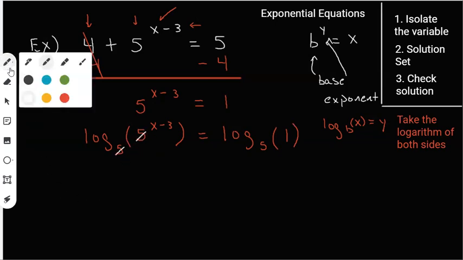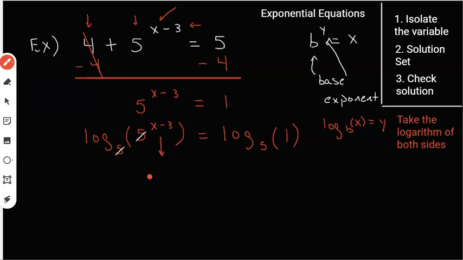They're both bases, and what comes down is the exponent, the x minus 3. On the other side, you have logarithm base 5 of 1, which is just going to be 0. The reason that's 0 is because you're trying to figure out what exponent you raise 5 to that will give you 1, and that number is 0.